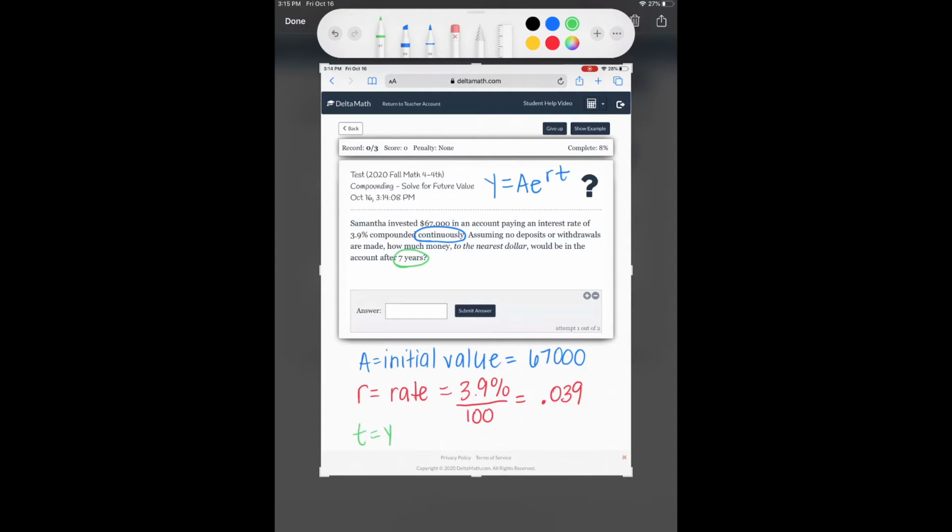And then my time is 7 years, and they gave me 7. So I'm going to plug all that in. I have y equals, my initial value was 67,000, and then I have e, because e is my natural base, and I'm going to raise that to 0.039 times my 7 years.